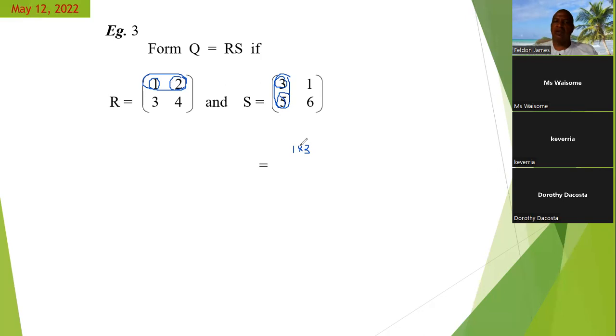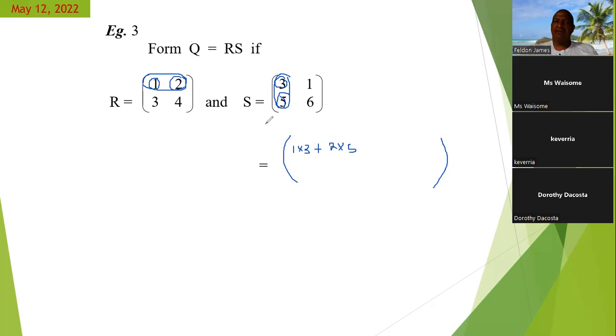But what we're going to do now, we're going to add the products. So 1 times 3 plus 2 times 5. Right? And then this one would give you the top element on the left-hand side in the result.